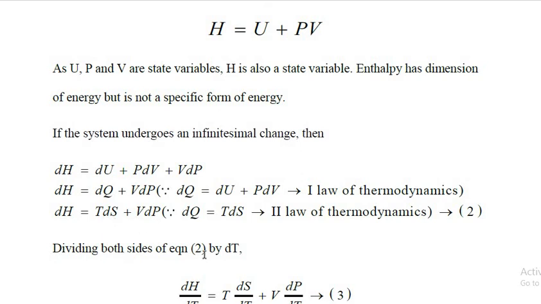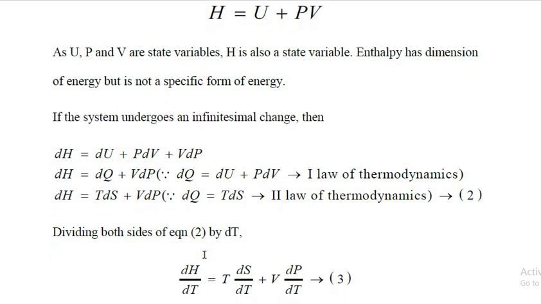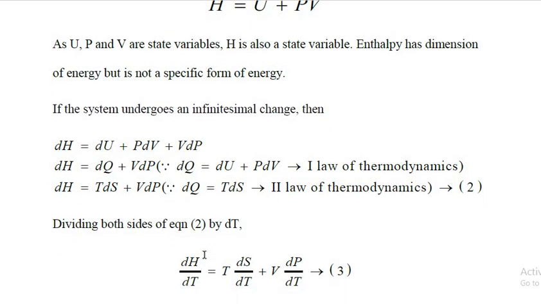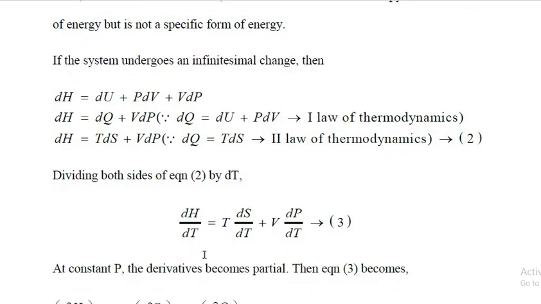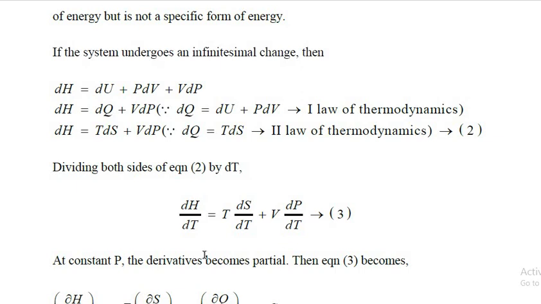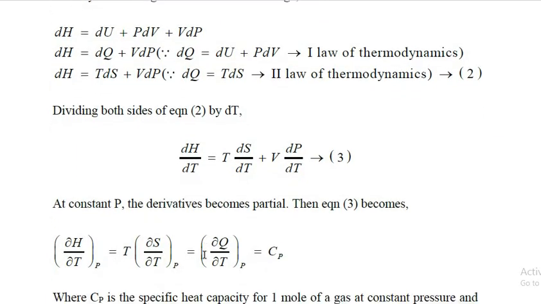Now divide both the sides of equation 2 by dT. So we will get dH/dT is equal to T into dS/dT plus V into dP/dT. At constant P, the derivatives become partial. Then equation 3 becomes, so in this equation at constant P, the second term, that is V into dP/dT, becomes 0. So we will have only these two terms, that is dH/dT and T into dS/dT.